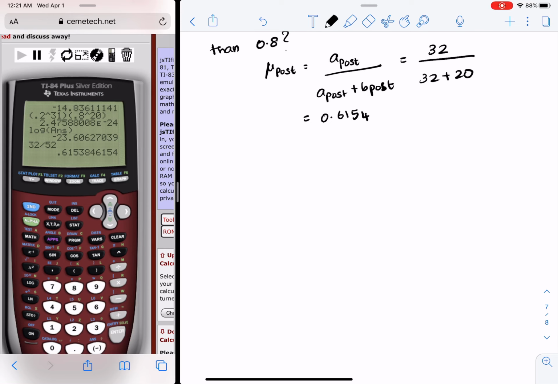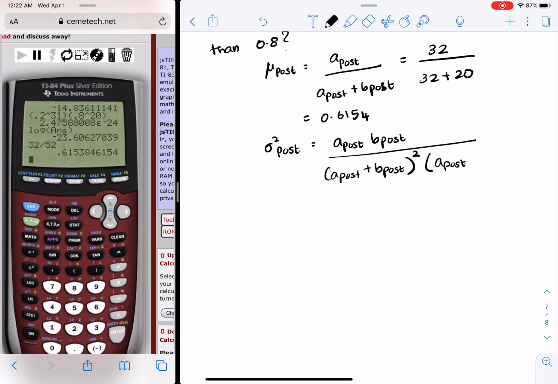And the variance is A post times B post divided by A post plus B post squared, multiplied by A post plus B post minus 1.